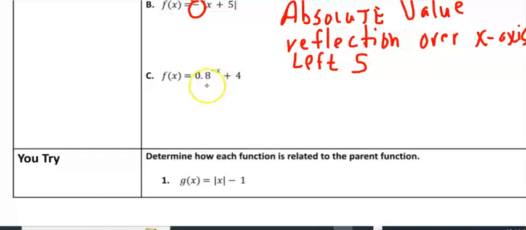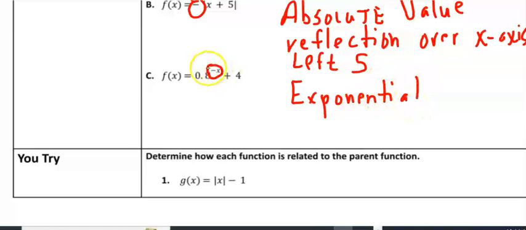Okay, the next one is what kind of a function? Exponential, correct? All right? Is there any reflecting anywhere? What's that negative right there do? It's going to reflect it across the y-axis, isn't it? Because it's going to negate the x, isn't it? Correct?